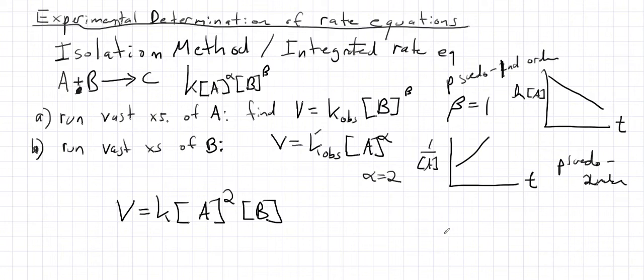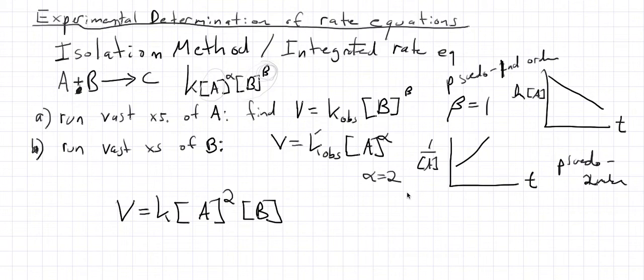Basically, when you swamp it with one component, you're just probing the effect of the other, so it's going to be pseudo in whatever order that component is. If you're using a ton of A, this reaction would be pseudo first order. If we use a ton of B, the reaction would be pseudo second order.